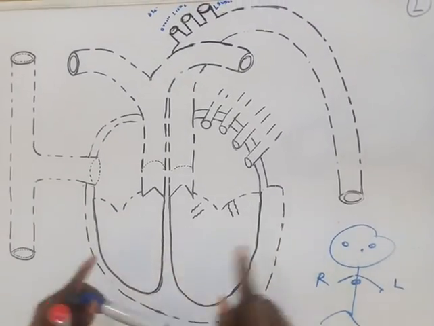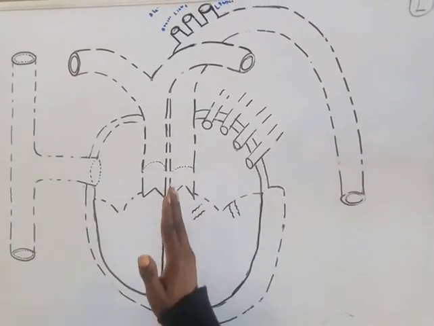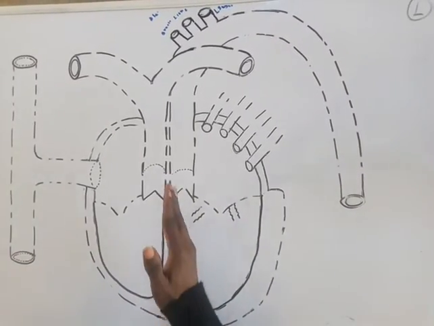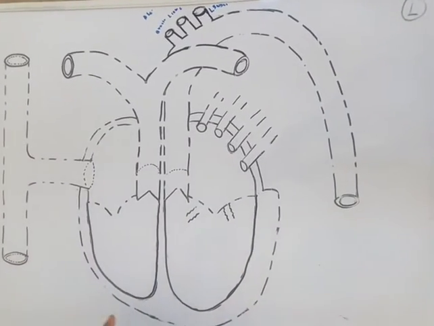But in anatomy it is the other way around. The heart is divided into 2: this side of the heart is the left, and this side is the right.